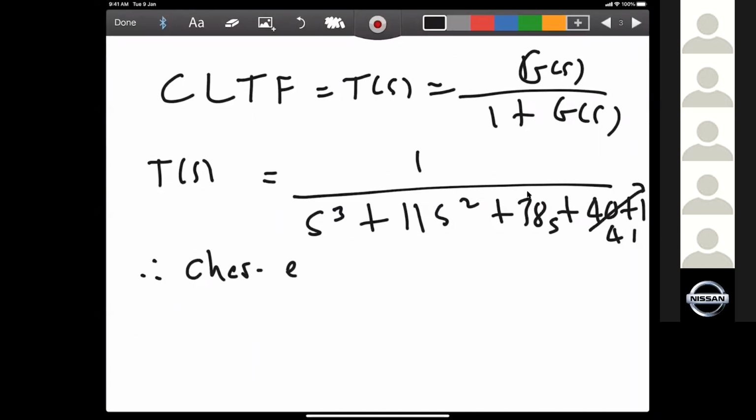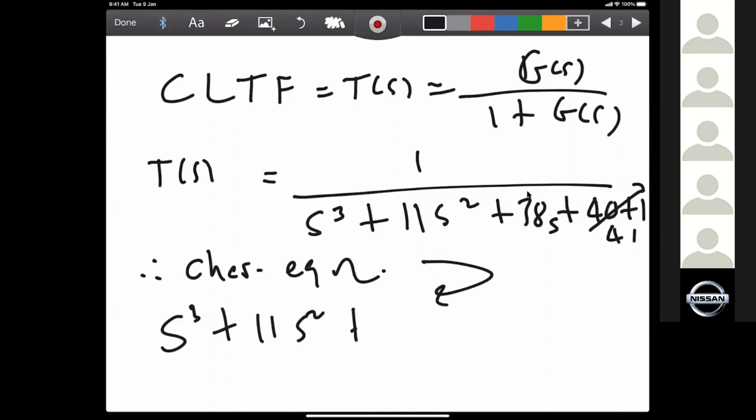The characteristic equation is s cubed plus 11s squared plus 38s plus 41 equal to 0.